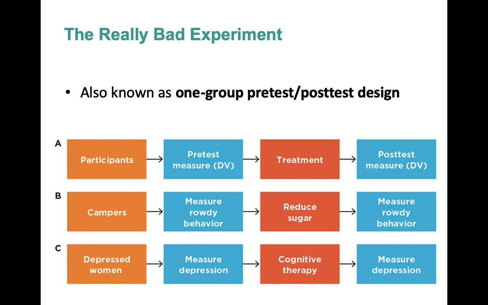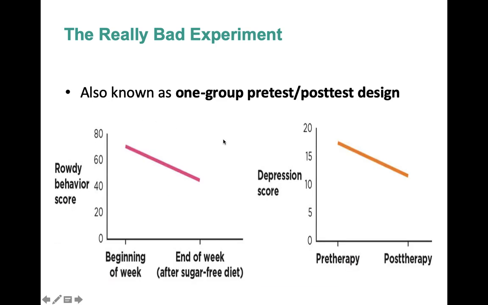If depression goes down, we would of course like to attribute that to the therapy, but there could be other factors that are involved due to the passage of time. And again, without a comparison group, our conclusions about the effectiveness of the therapy will be limited because there could be threats to internal validity. That is, saying that it's the therapy and nothing but the therapy which is a cause of the reduction in depression.